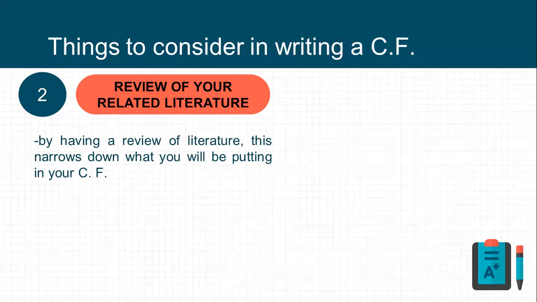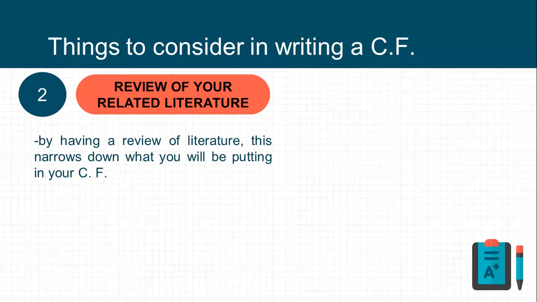Okay. We have also the third one, which is the related review of literature or your review of your related literature and studies. The purpose of having a literature review is to let you and your readers know about the existing ideas and information there are on your chosen topic, as well as the weak and strong points of it.